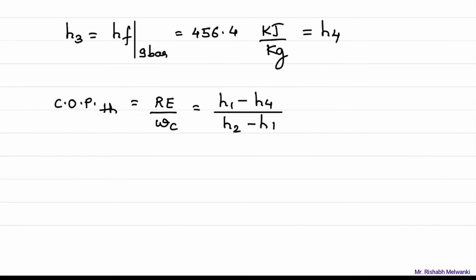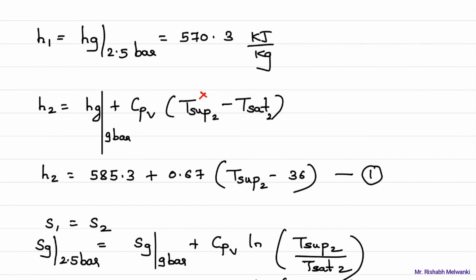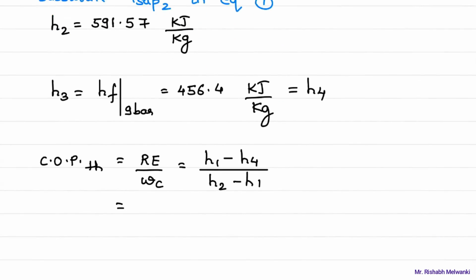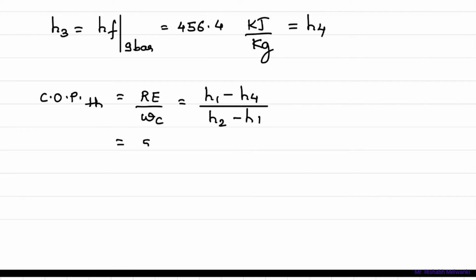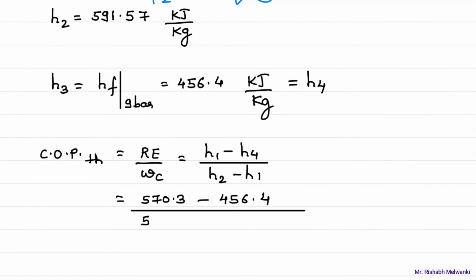So substitute all the values. What is H1? H1 is 570.3 minus H3, equal to H4, which is 456.4, divided by H2, 591.57, minus H1, 570.3 kilojoule per kg.